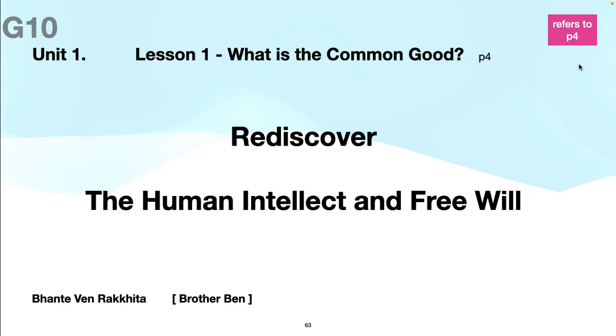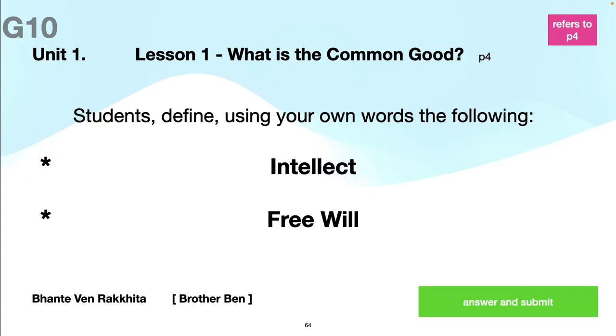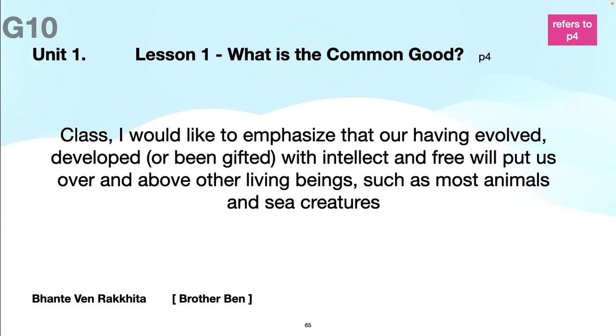Over on page 4, we're now on page 4 here. Rediscover the human intellect and free will. Students, define using your own words the following: intellect and free will. Answer and submit. Class, I would like to emphasize that our having evolved or developed or been gifted with intellect and free will puts us over and above other living beings, such as most animals and sea creatures.